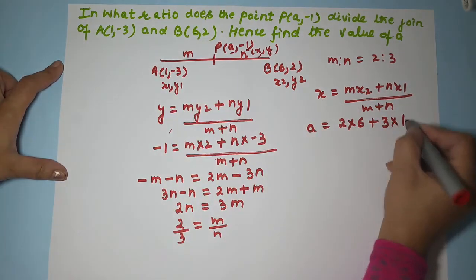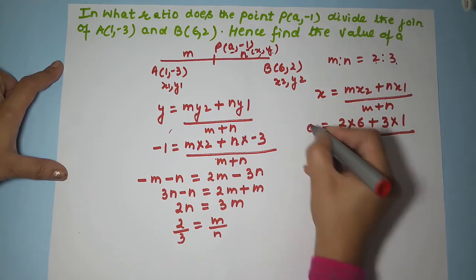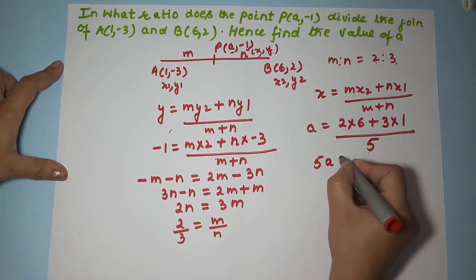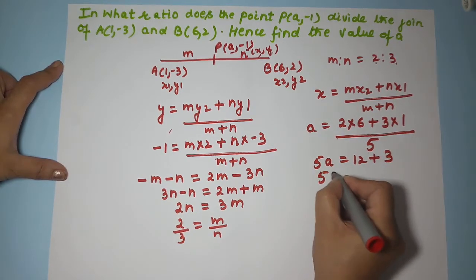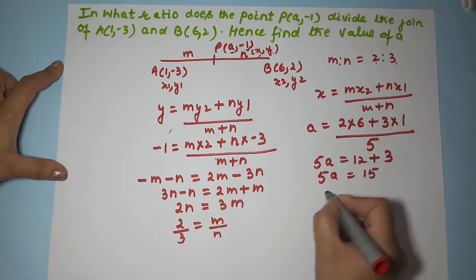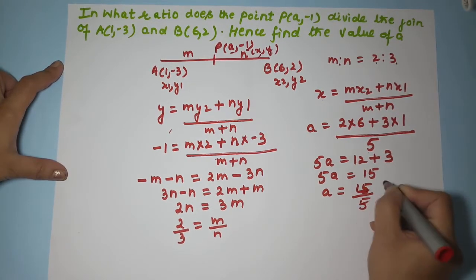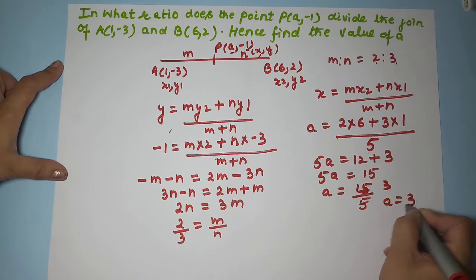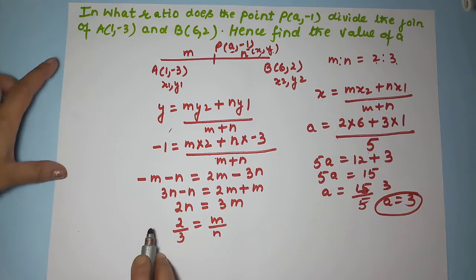It is 1, upon m plus n, which is 5. Cross multiply, you will get 5a equal to 12 plus 3. So 5a equal to 15. So your a is equal to 15 upon 5. 5 3s are 15, you have found the value of a. Right? That's how we calculate the ratio.